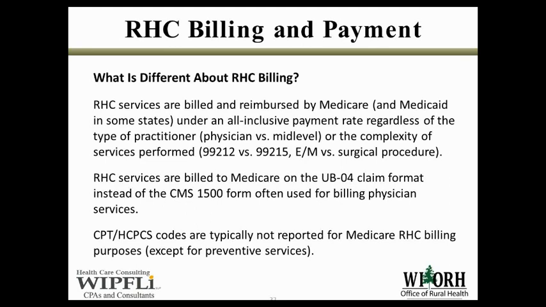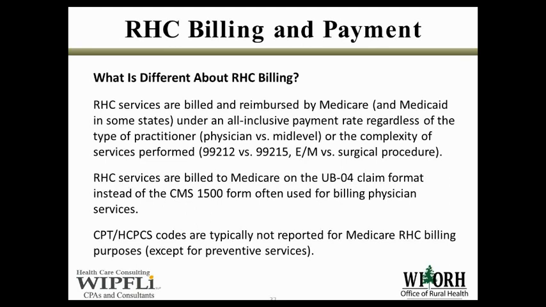There's also a difference on the actual claim format that's used. Rural health clinic services for Medicare purposes are billed under the CMS 1450 claim format, which is commonly referred to as the UB04 claim format. And the level of detail that's required is a bit different too.